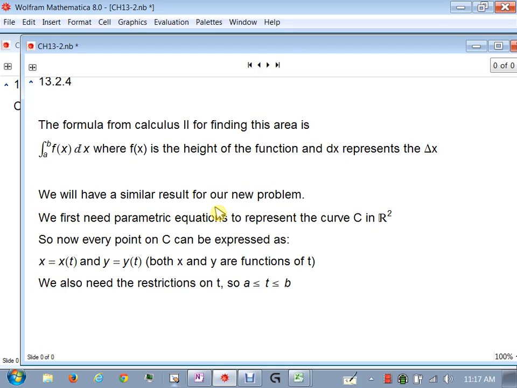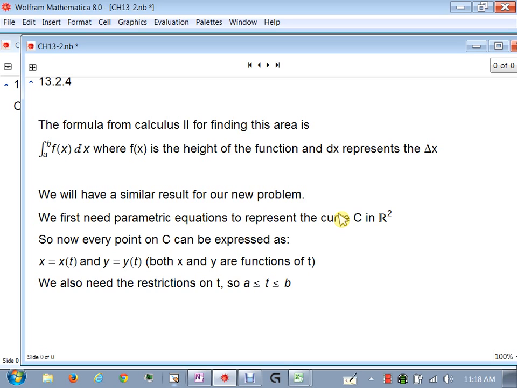So what we need to do first, and this is I guess the challenge of the problems, is we need to use parametric equations to represent our curve in two-dimensional space. We need to be able to draw our curve on the ground, that half circle, using parametric equations instead of y as a function of x. So that it's more like we start the clock and it starts drawing the curve.